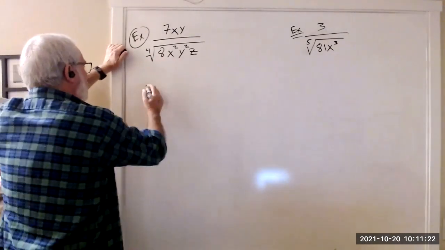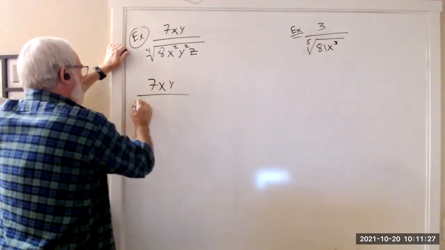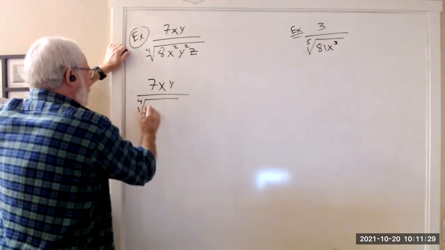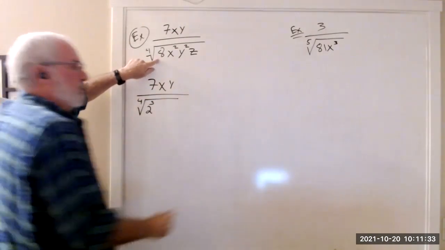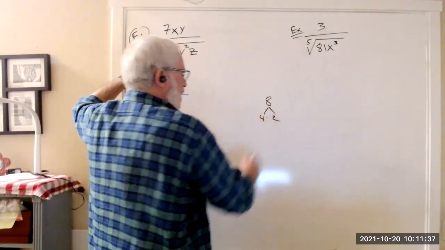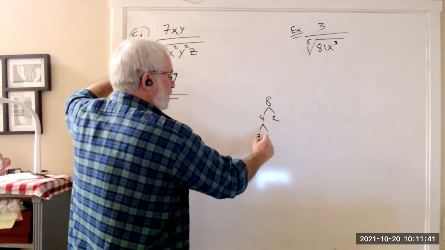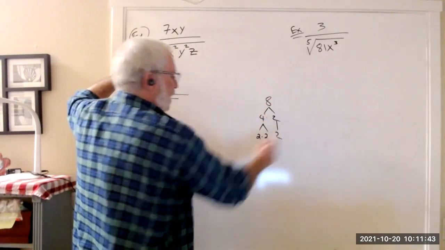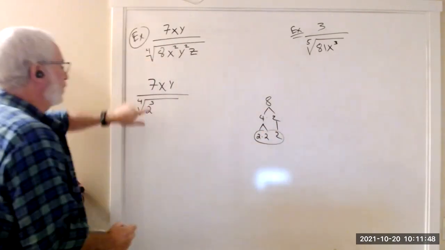So this problem is the same as 7xy over the fourth root of 2 to the third, which is 8. And if you didn't know that, you can go off to the side and do a little factor tree. 8 breaks down to 4 times 2, but 4 breaks down to 2 times 2. So we know that 8 is 2 to the third.